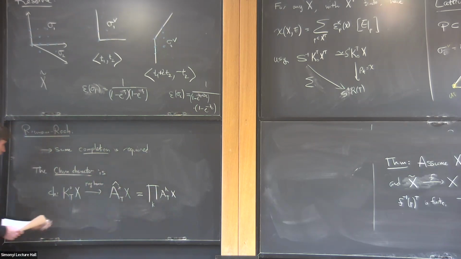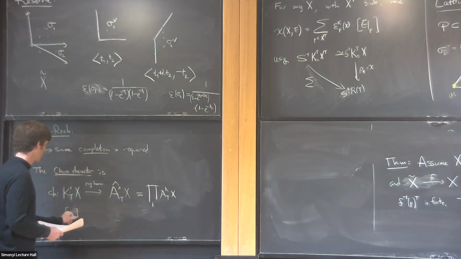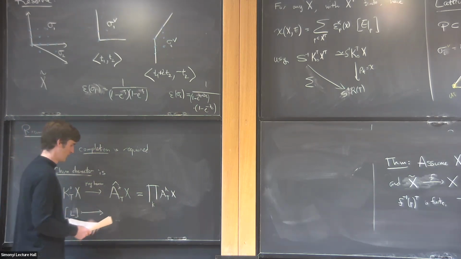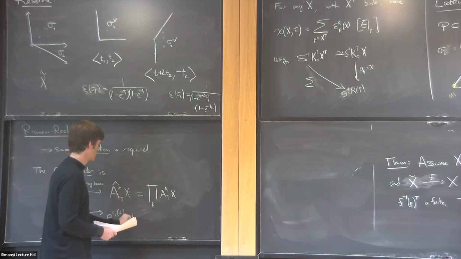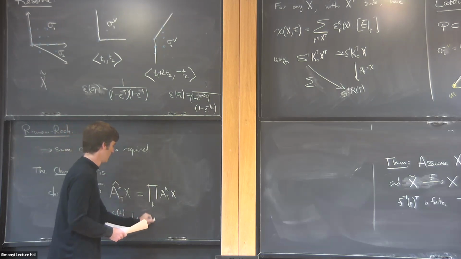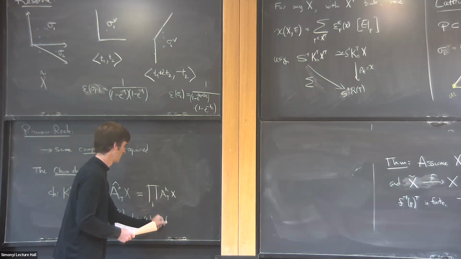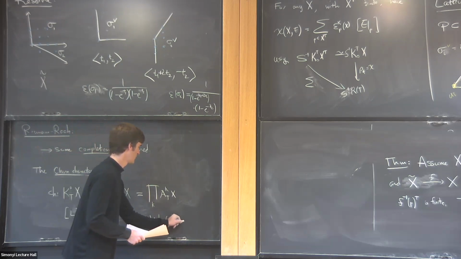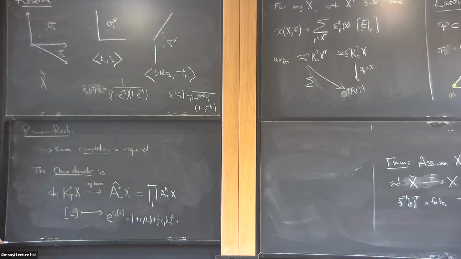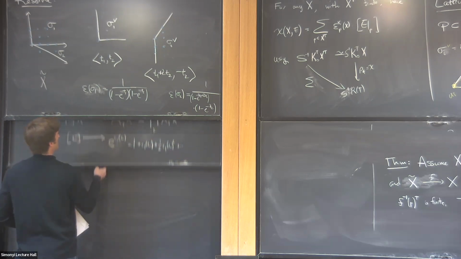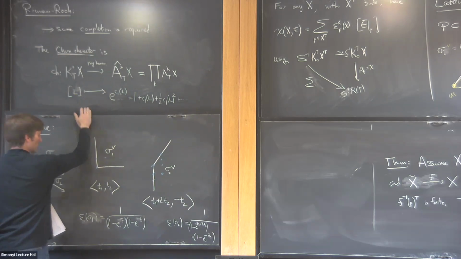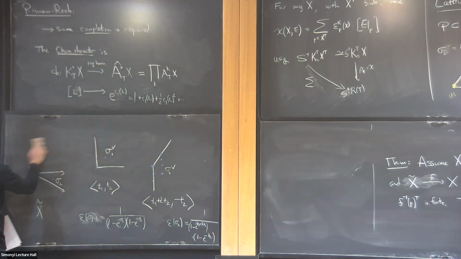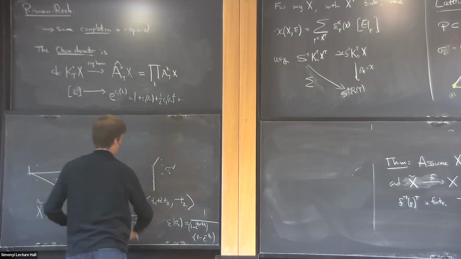And as a ring homomorphism, it can be characterized by the property that it sends the class of a line bundle to the exponentiation of the first Chern class of that line bundle. So it's 1 plus the first Chern class plus 1/2 of the first Chern class squared, and so on.